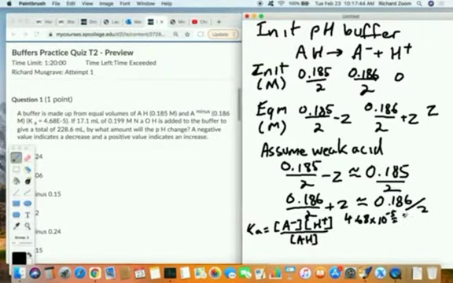Sorry about that. So the A minus there is 0.186 over 2 times concentration of H plus, and that's over 0.185 over 2.